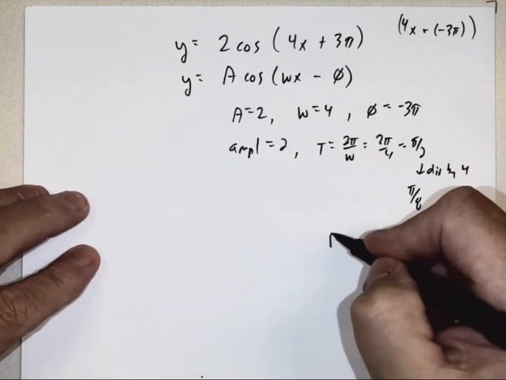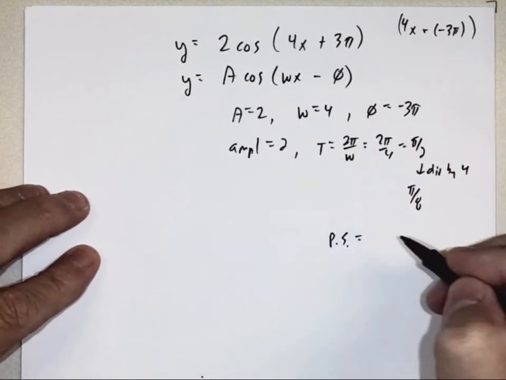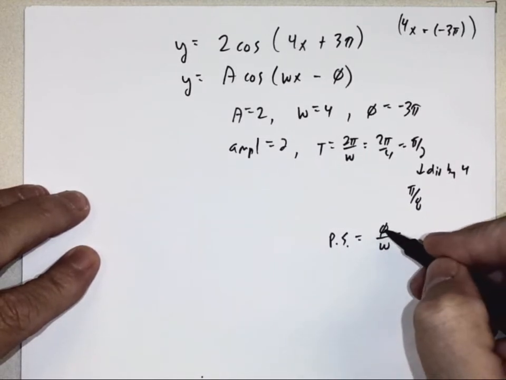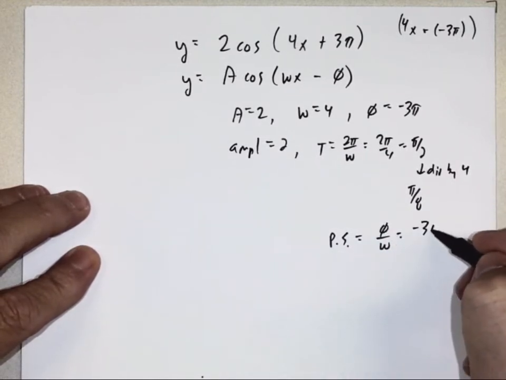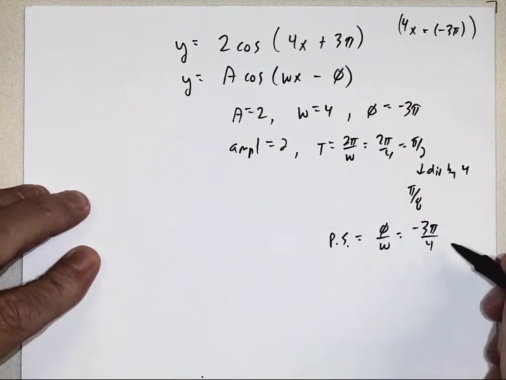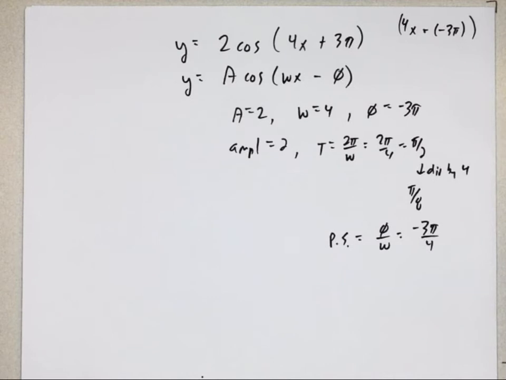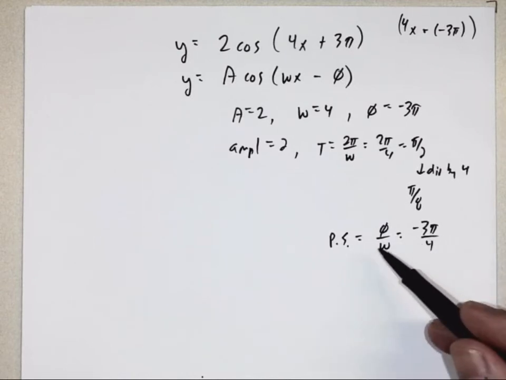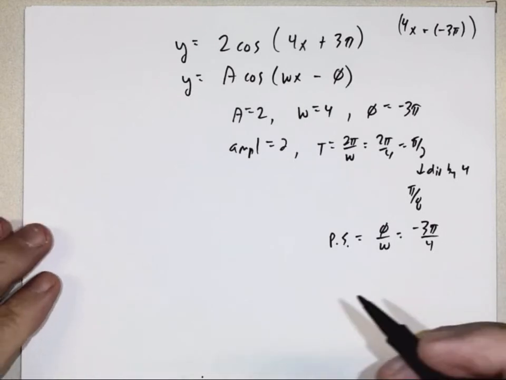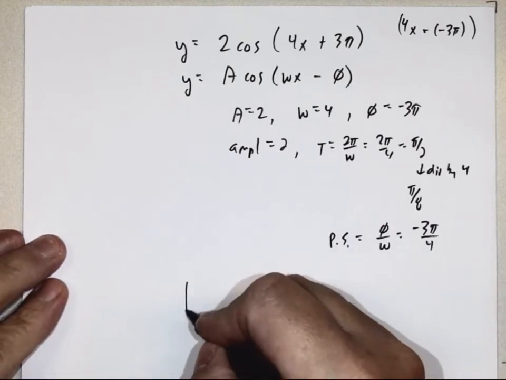And now the phase shift, which is psi over omega: negative 3 pi, and omega is 4, so negative 3 pi over 4. That means my phase shift is going to move the graph to the left 3 pi over 4. All right, let's see how ugly this is going to be.